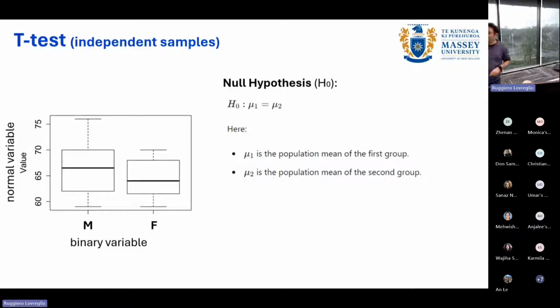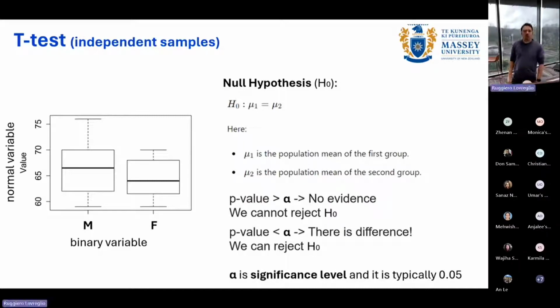It tells you that the mean of the first group is equal to the mean of the second. And a statistical test works in this way. You have this hypothesis that we call null hypothesis, and we can only test if we can reject it. So we need to test if this one is false. To do it, we have the famous p-value.